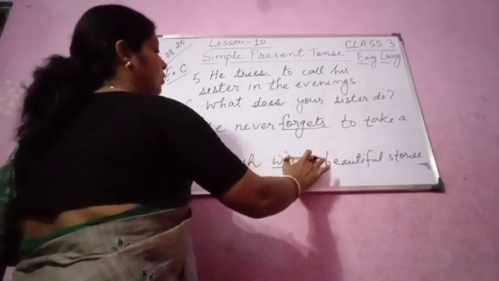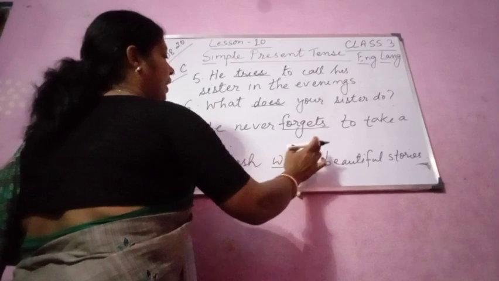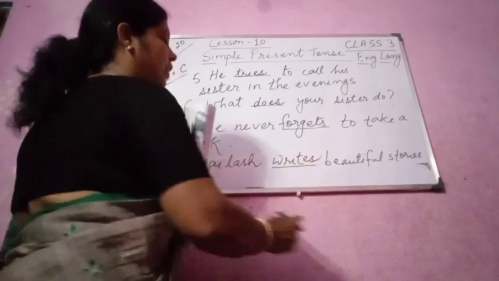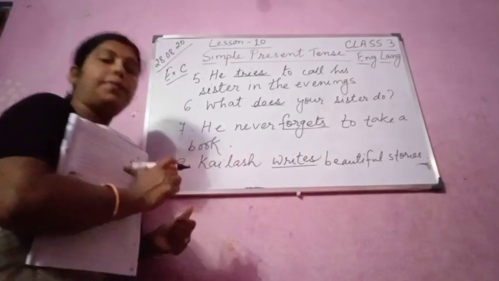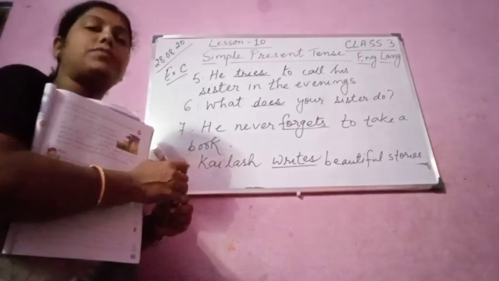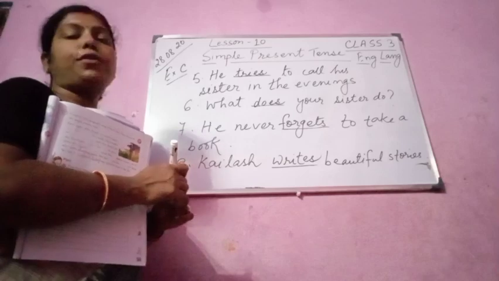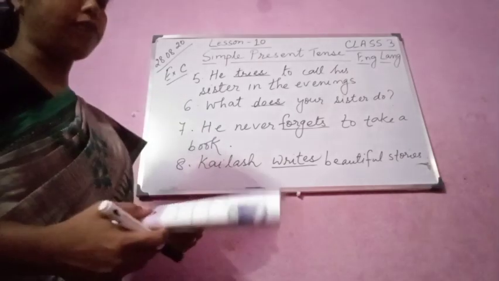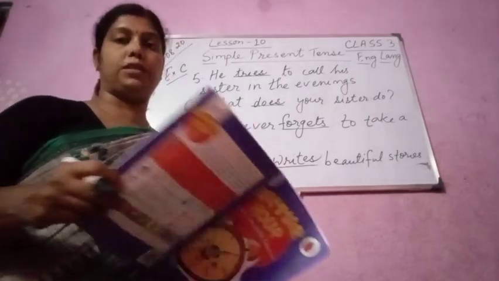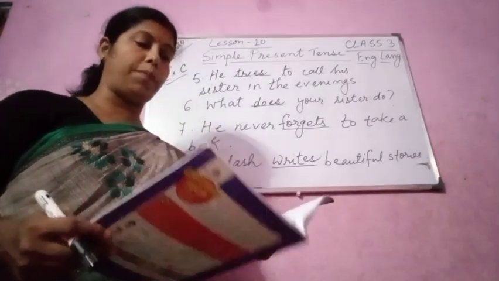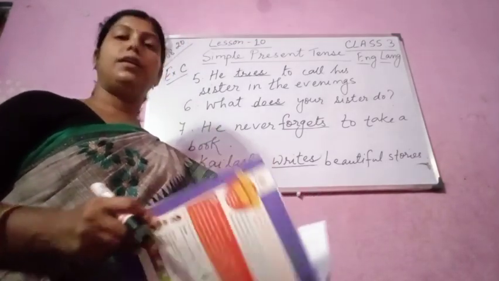Kailash writes. Okay, Kailash writes because Kailash is third person here. Along with the verb V1 we are going to add S with the base form plus rest of the sentence. Kailash writes beautiful stories. So children, you have to do this in your copies. Okay, please do it in your copies. Okay, thank you.